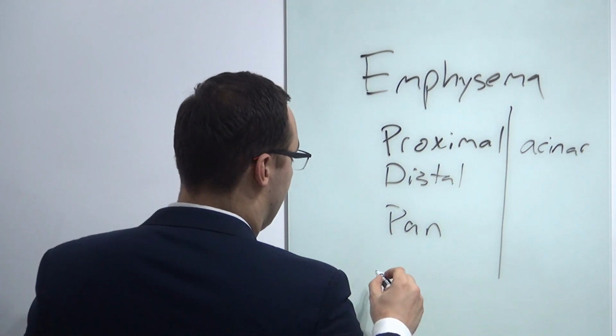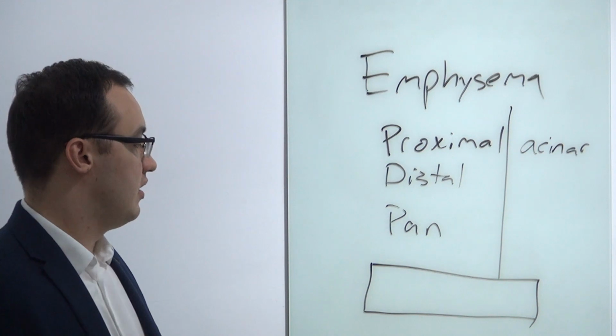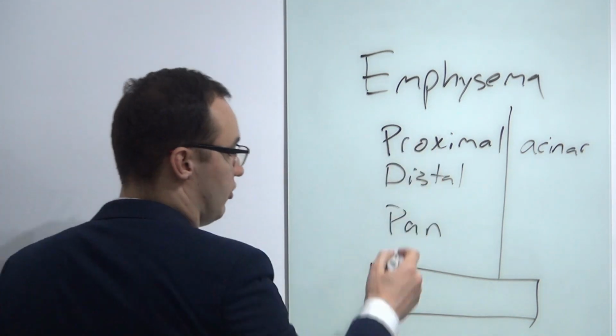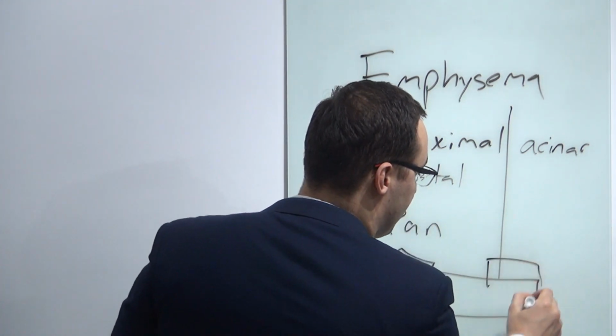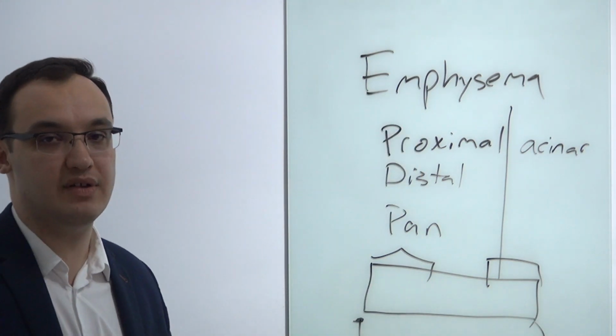So if we have here, I will just draw a tube here. Here is the beginning, which means proximal affects this part, distal affects this part, and pan affects everything. That's the only definition.